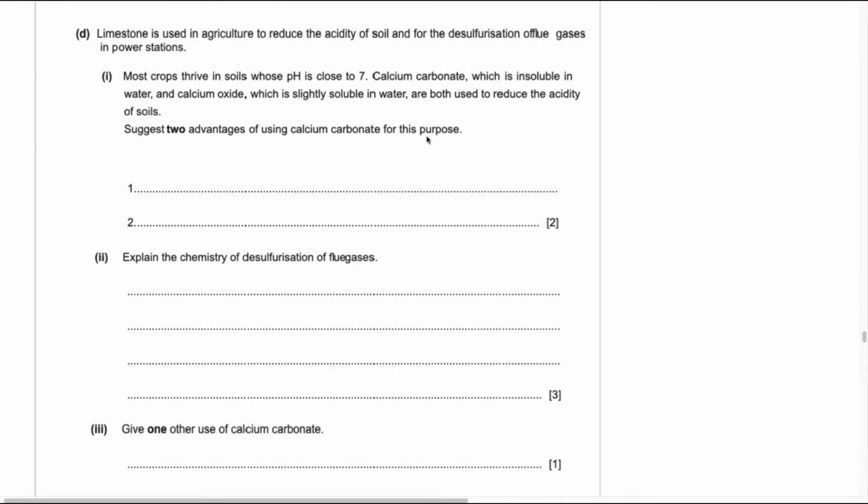Okay, so calcium carbonate is not soluble in water. That means it doesn't wash away by rainwater. So that is the advantage. It does not wash away by rainwater. This is one of the advantages.